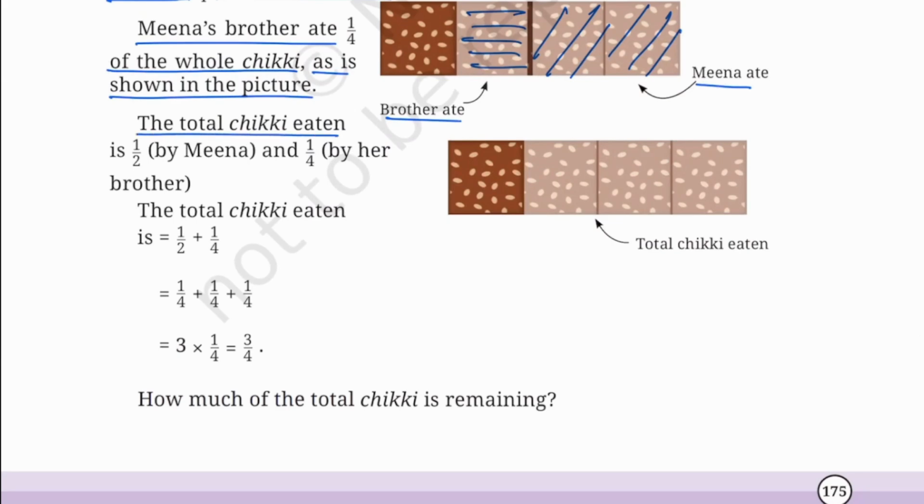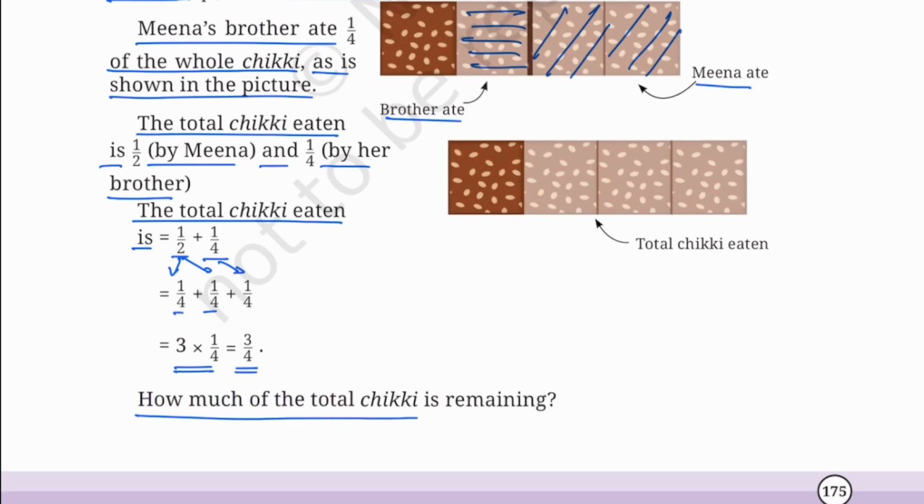The total chikki eaten is 1/2 by Mina and 1/4 by her brother. The total chikki eaten is 1 upon 2 plus 1 upon 4. 1 upon 2 can be written as 2 times 1 upon 4, so it can be written as 3 times 1 upon 4 equal to 3 upon 4.